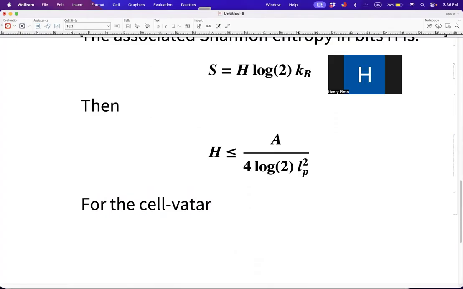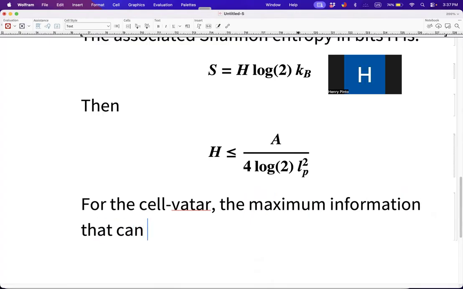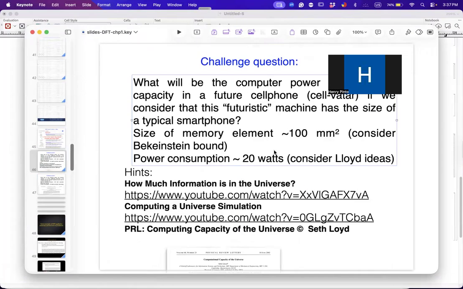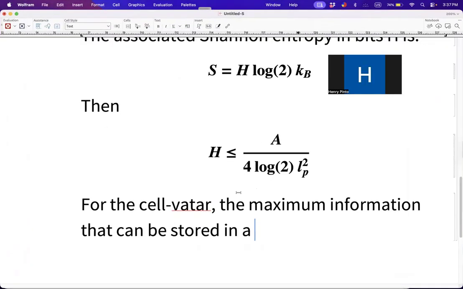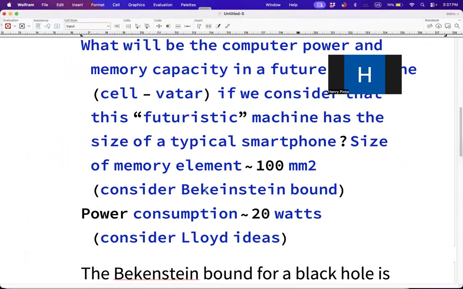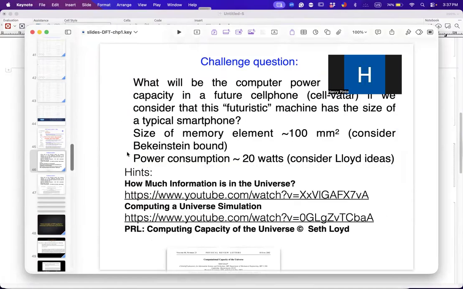For the cell avatar, the maximum information that can be stored in the device of the cell avatar is this one. I'm going to copy this and paste it here. Let's copy it like this.